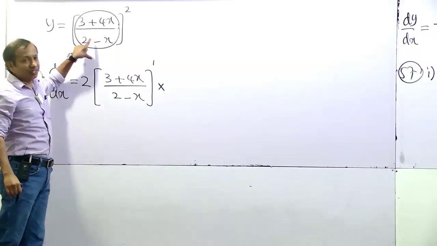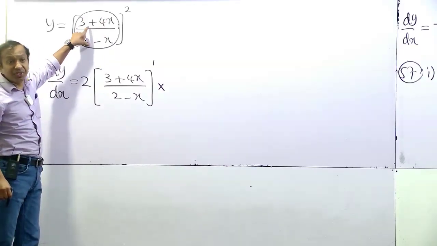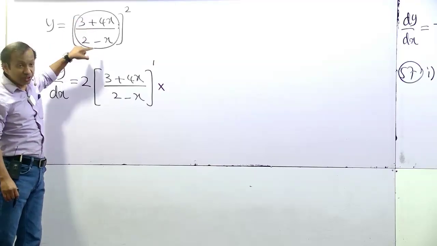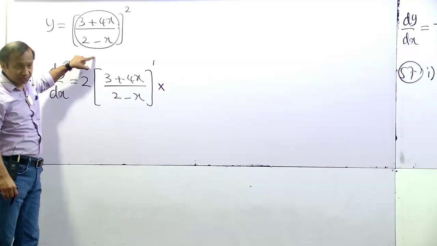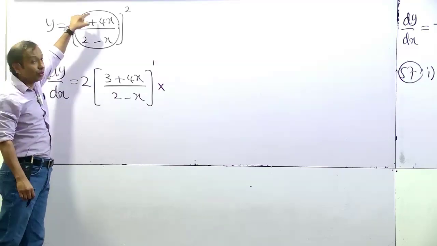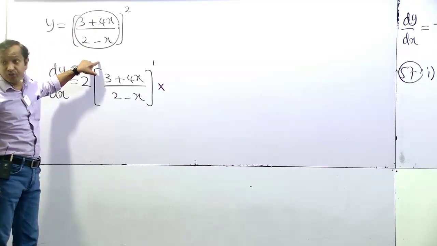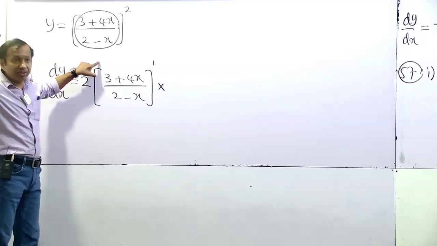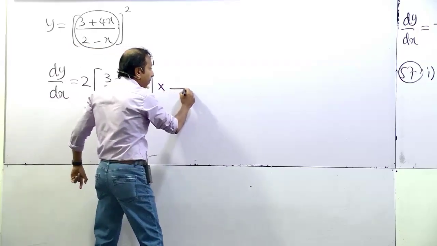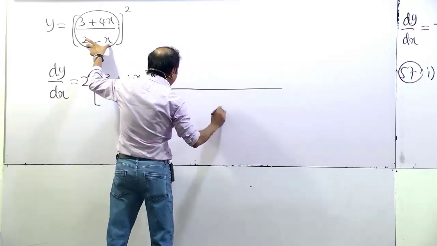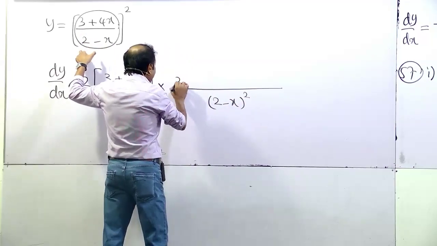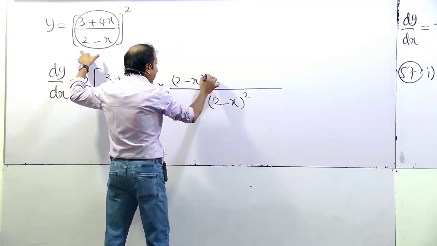Now we have to differentiate this. Now tell me, people, how to differentiate this. This is now in quotient u over v form. This is now u, this is now v. Apply the u over v form, the quotient, the fraction. How to differentiate the fraction? Square the denominator. The same denominator we must write here.